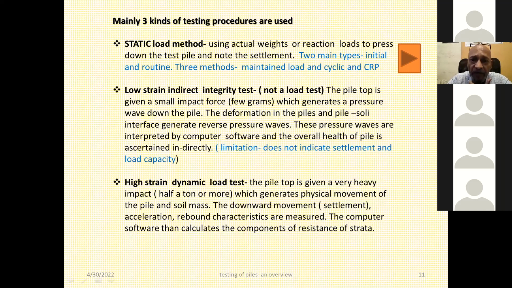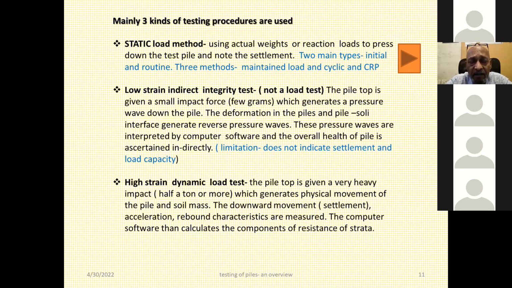It is very common in the Mumbai region, and most of you who are dealing with piling must have come across this kind of test. The pile top is given a small impact force with a small hammer, which generates a pressure wave down the pile. The deformation in the pile and at the pile soil interface generates reverse pressure waves. Deformation in the sense of honeycombing, voids, bulging, necking, all this physical deformation in the pile, maybe a large deviation in density of the concrete.